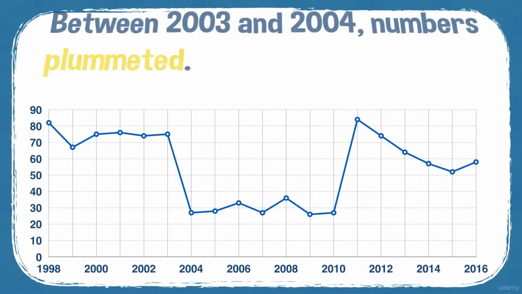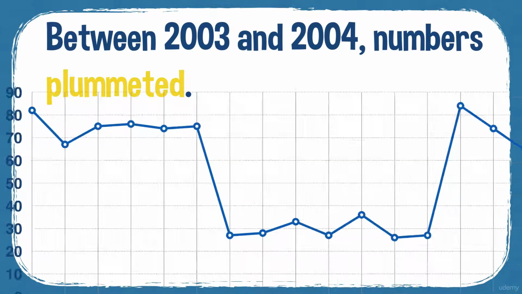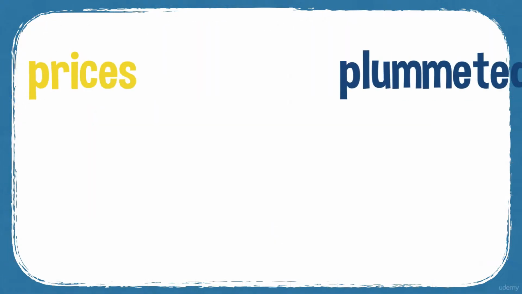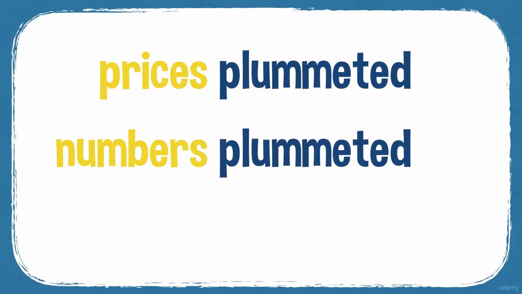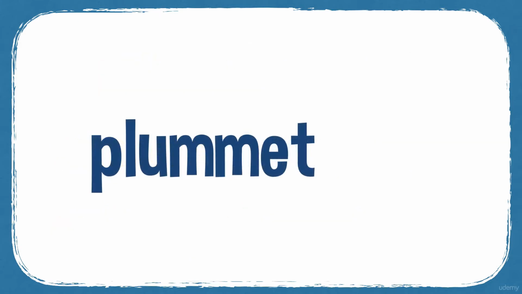It's kind of the opposite of rocket. So between 2003 and 2004, numbers plummeted. Some common collocations with plummet: prices plummeted, numbers plummeted, suddenly plummeted. The verb forms are plummets, plummeting, plummeted.